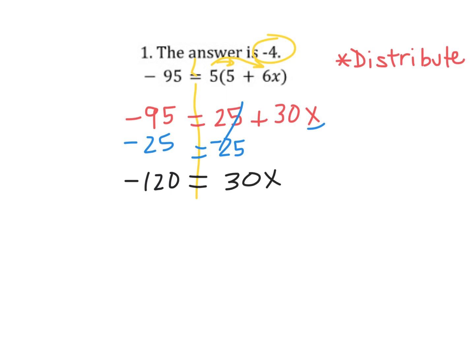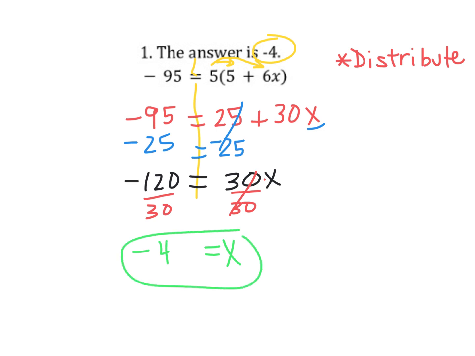And then our final step here, to get x by itself, 30 is being times by x. So we use the inverse operation of multiplication, which is division. And our final answer, x, is -4, just like it said our answer should be. Okay, but you need to make sure you're showing all of the steps, the whole process.